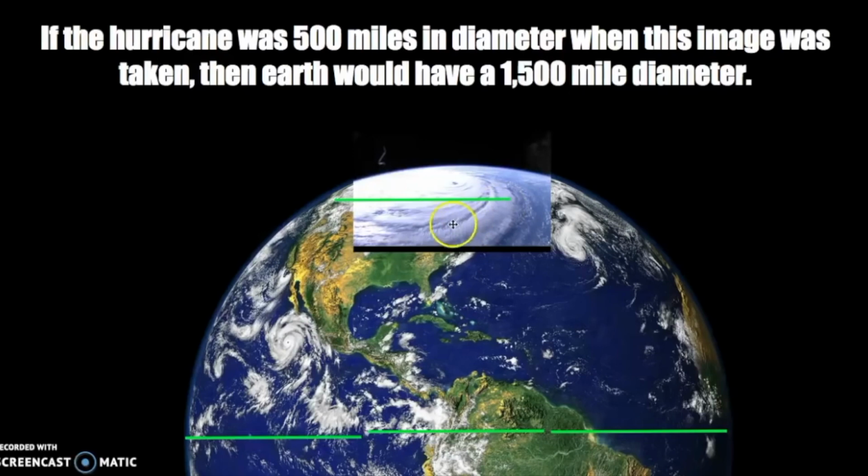And if you were to take that line that's as wide as the hurricane and lay it along the widest part of Earth, and Earth's diameter is around 8,000 miles, you can only fit 3 of these, which would mean that Earth is 1,500 miles in diameter, which we know that's not true. So I'm pretty sure this footage is bogus, and there's no way that the hurricane is that big. We would all know about it because right now the whole entire US would be underneath that hurricane.